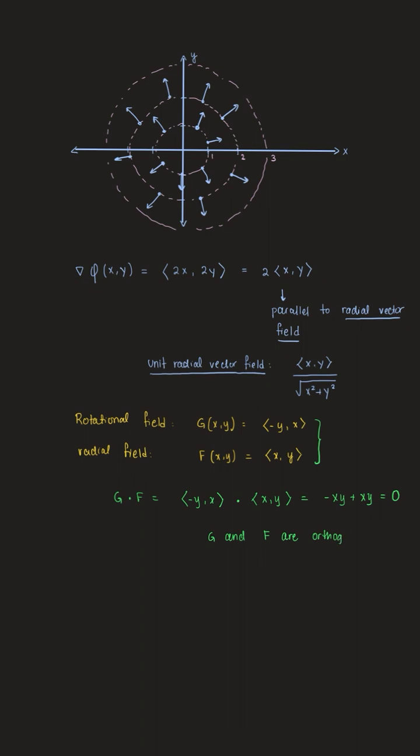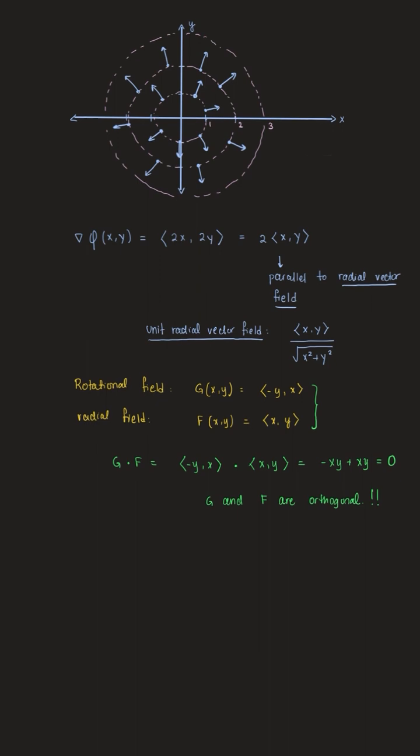So I'm going to take my green color and find the unit rotational field by dividing by its magnitude. We have negative y, x this time, and the magnitude is the same, square root of x squared plus y squared. And I'm going to plot it along with the level curves of the paraboloid, as well as the unit radial field that I plotted above.